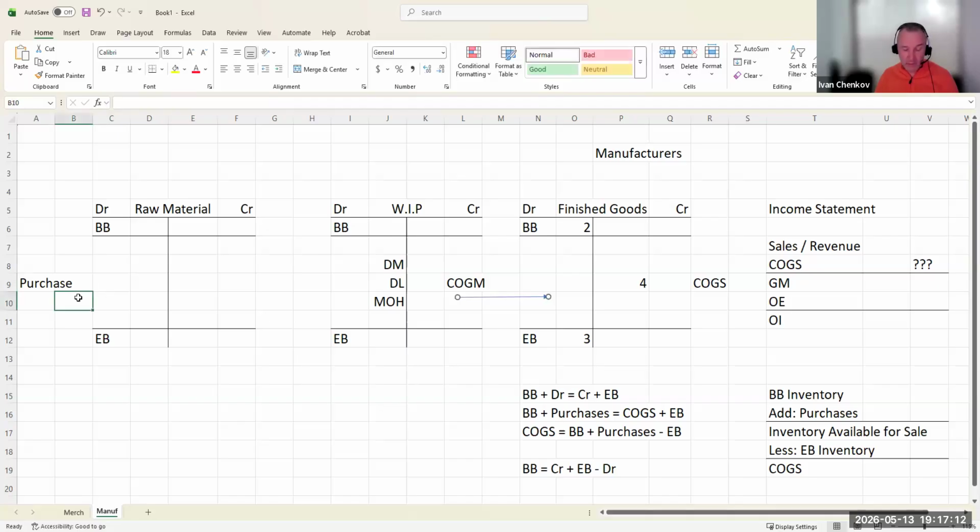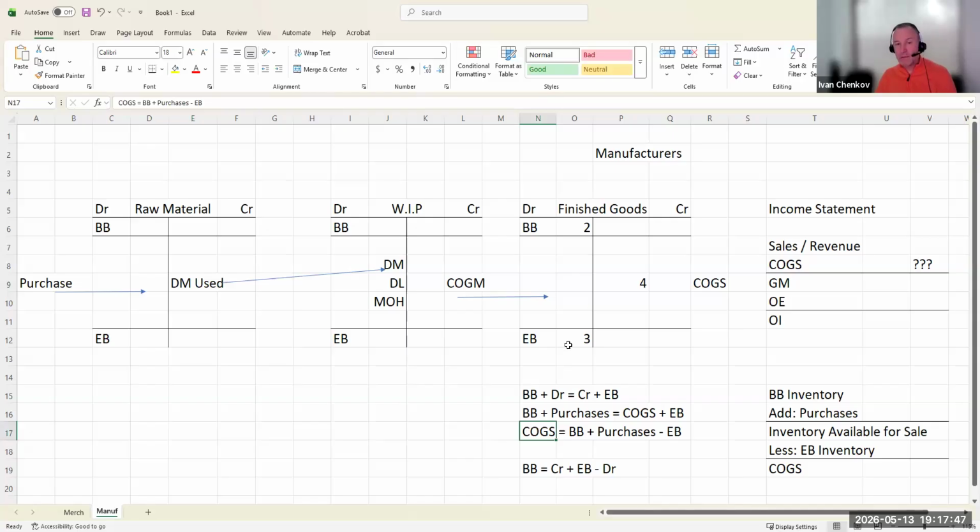That purchase is gonna come here. Then when I use the direct material, that's gonna move one step further. That direct material is gonna come from the raw material account, direct material used. And in all those accounts, I'm going to have beginning balance and ending balance. So now my objective is still the same. I still want to find how much is the cost of goods sold.